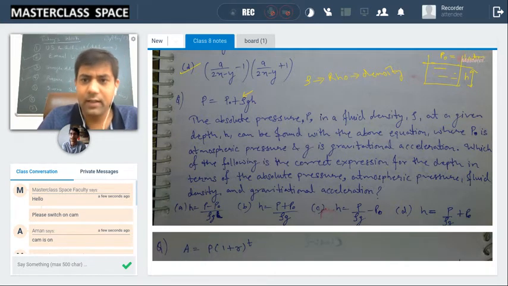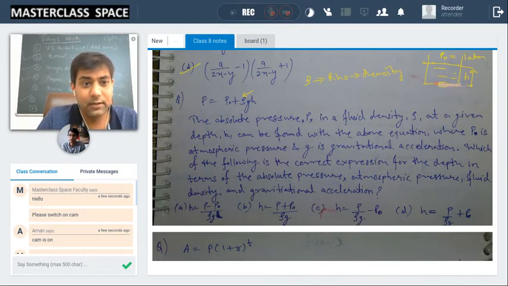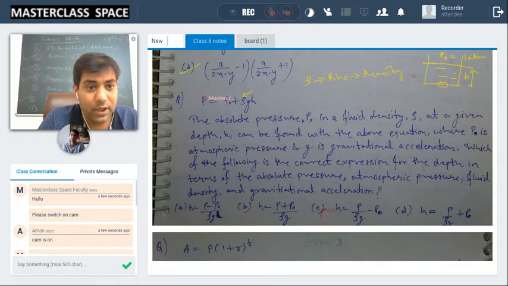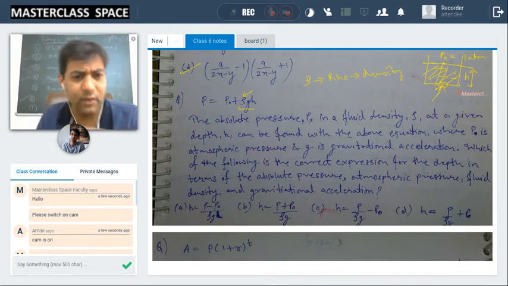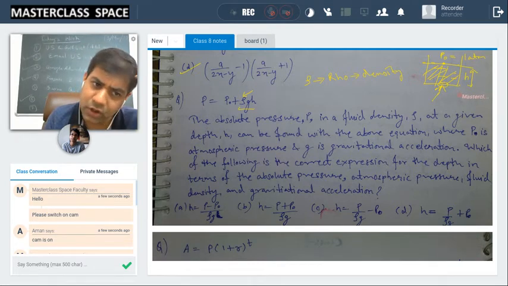So if I tell you this is a bucket full of water and you have to tell me the pressure at the bottom, then this equation shows P naught is the pressure on the top, and because of the liquid content, this rho GH comes into the picture, and this signifies the pressure here. Got it? That's a physics thing, not necessary. Even if you do not know it, you can still solve this question.